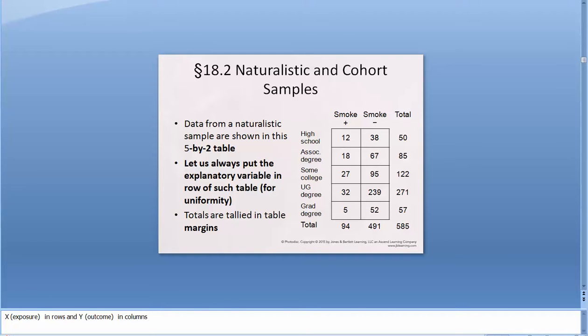So in other words, y is in columns, right? And x is in rows. So that's what I have written in here.